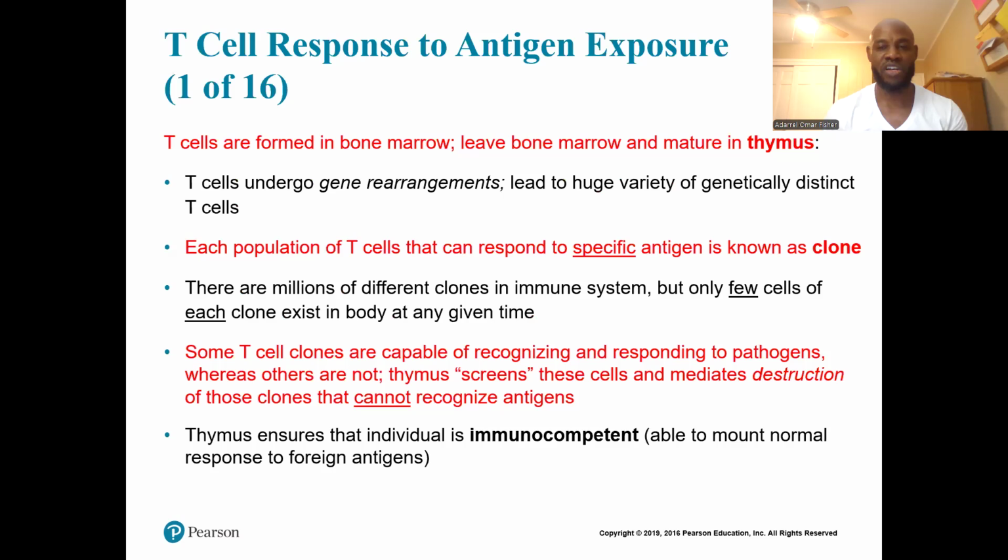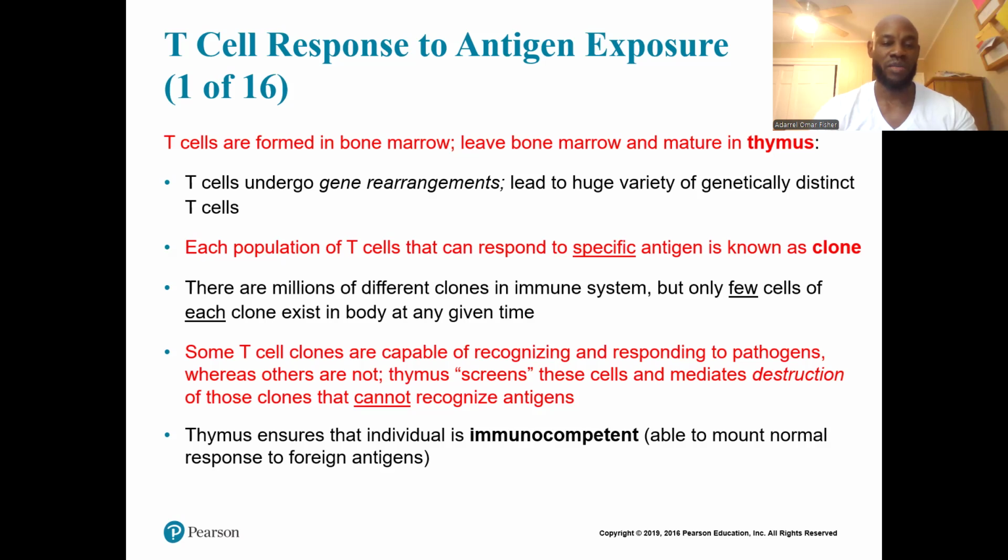Populations of T cells can respond to specific antigens. Those populations that respond to a specific antigen are known as clones. There are millions of types of clones. Only a few cells of each clone exist in the body. Your thymus screens which ones are going to respond and which ones are not.